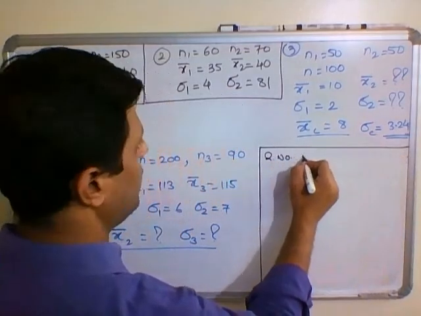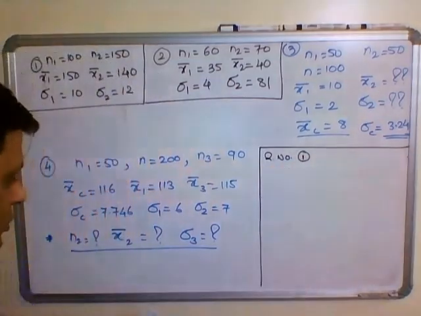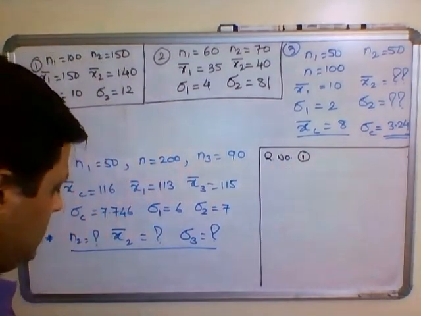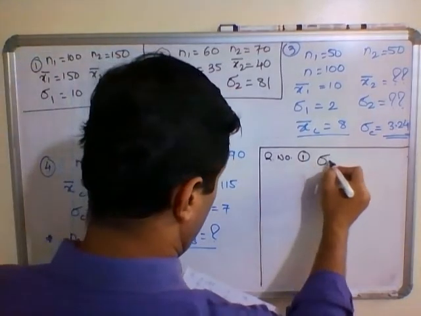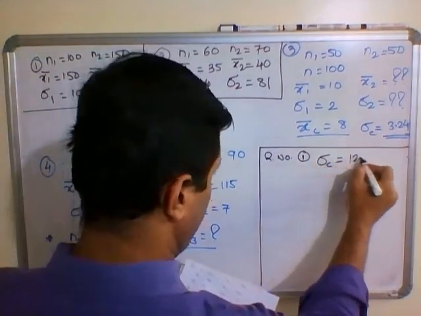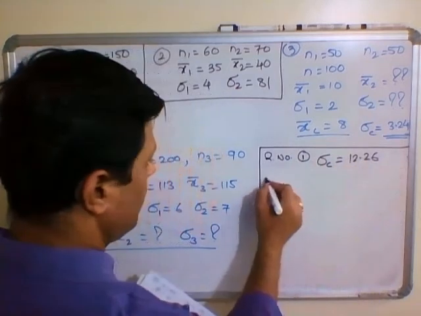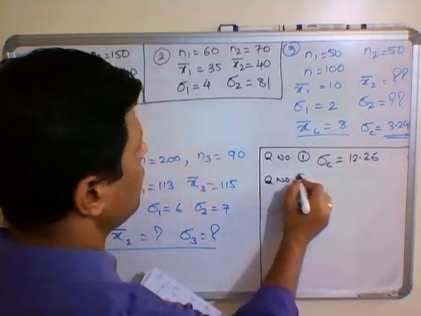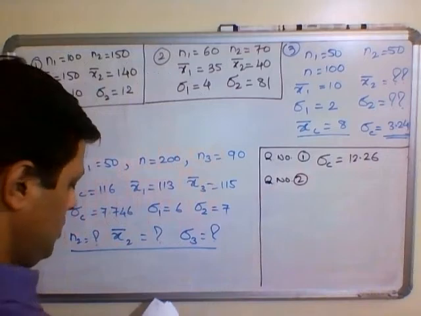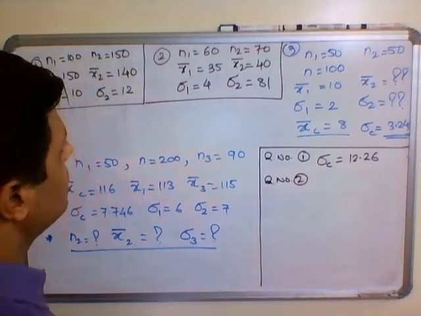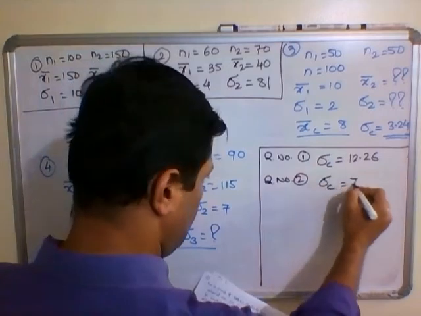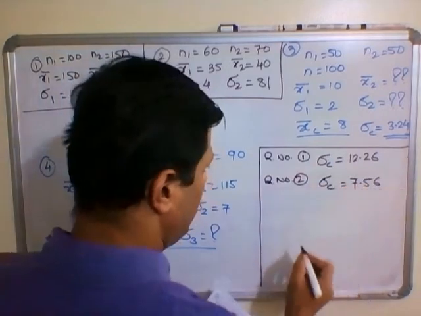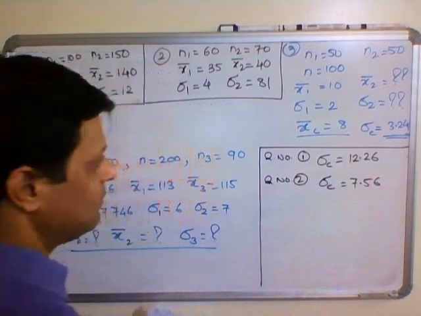Question number 1, you were supposed to calculate the combined standard deviation, and its value is 12.26. Now question number 2, again the question was for combined standard deviation only, and the value should be 7.56 approximately, up to 2 decimal places.